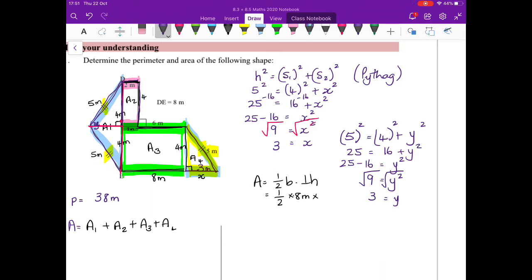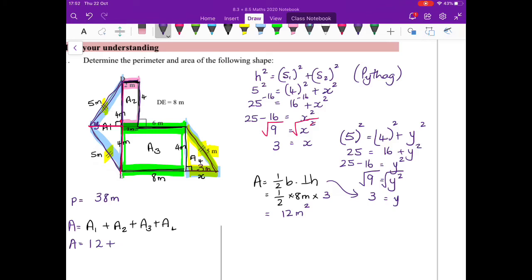Right, now I have my perpendicular height, so I'm going to multiply by 3. 8 3s are 24. 24 divided by 2 is going to give me 12. 12 meters squared. So over here, area is going to be 12. We will put the units in at the end.